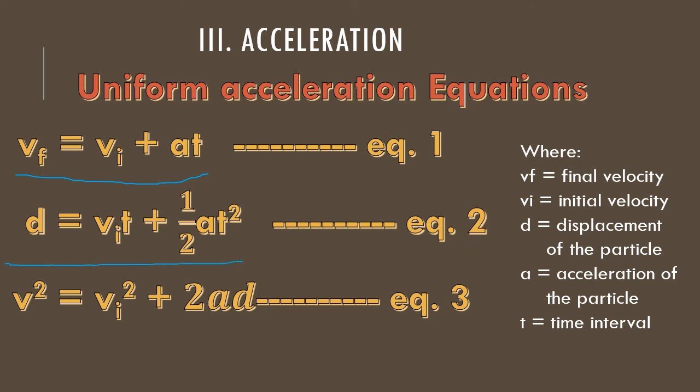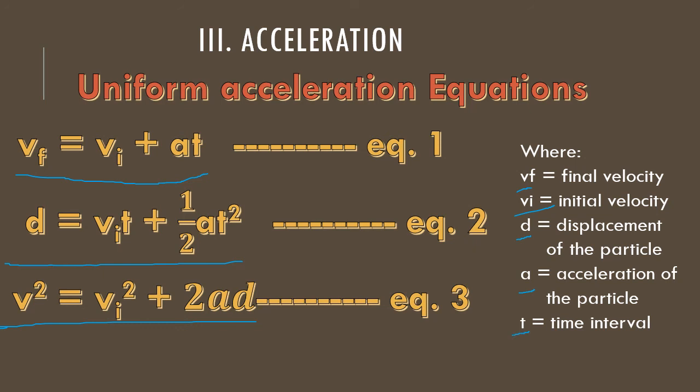So the third one is velocity squared is equal to initial velocity squared plus 2 times acceleration times distance. Where Vf is final velocity, Vi is initial velocity, D is displacement of the particle or the distance, A is the acceleration, then T is for time.